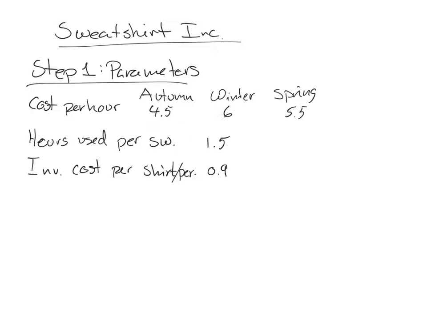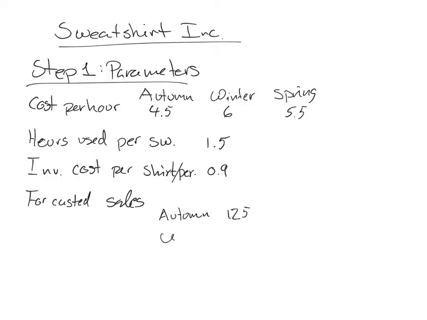And then we have some forecasted sales. And that also depends on which period we are in. So in autumn, there will be a forecasted sale of 125 shirts.